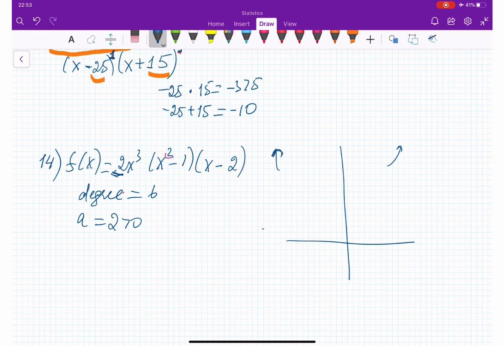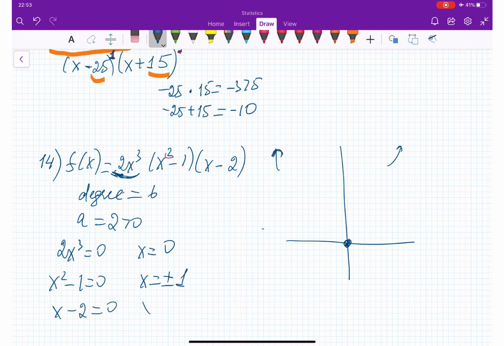And our points: 2x cubed equals 0, which means x is equal to 0. X squared minus 1 equals 0 means x is going to be equal to plus or minus 1. And x minus 2 equals 0, x is equal to positive 2.